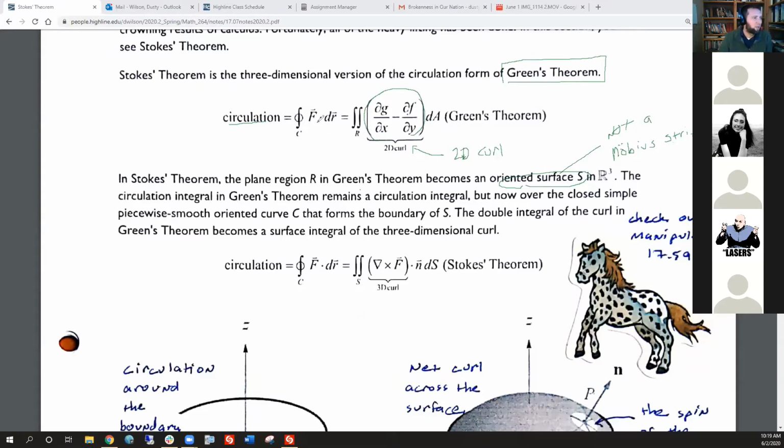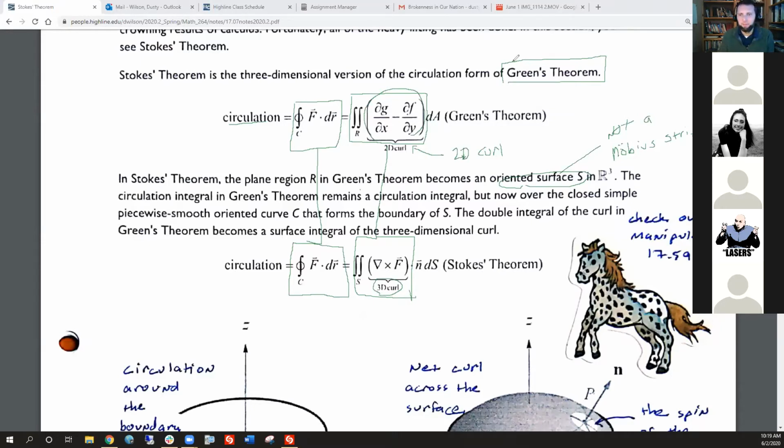If you compare the two theorems, you'll see that the circulation part is identical, and the right-hand part, where up above we had that 2D curl, now below you get the full-on 3D curl. They very much directly parallel each other. If you were tracking Green's theorem, then Stokes' theorem is just the 3D version.